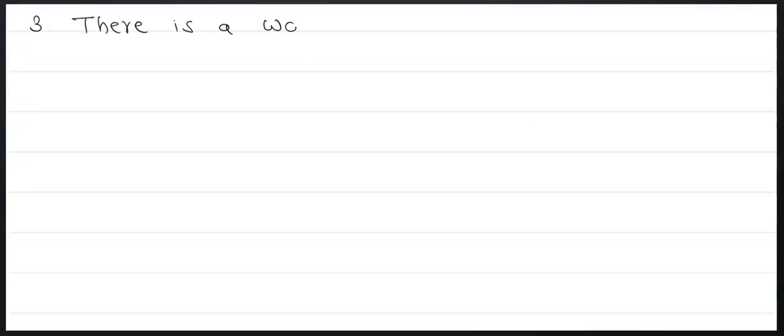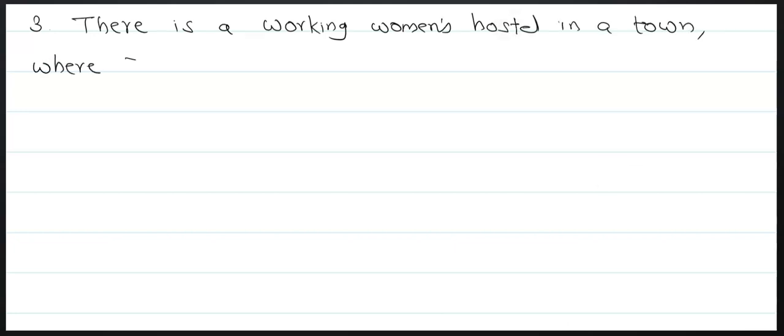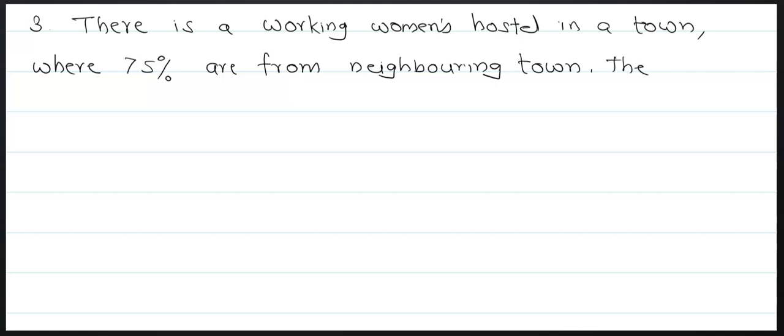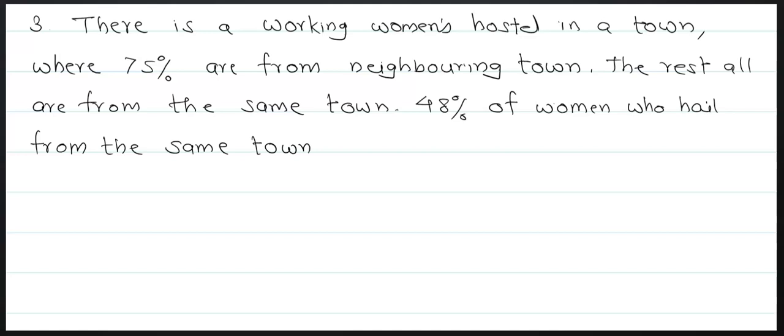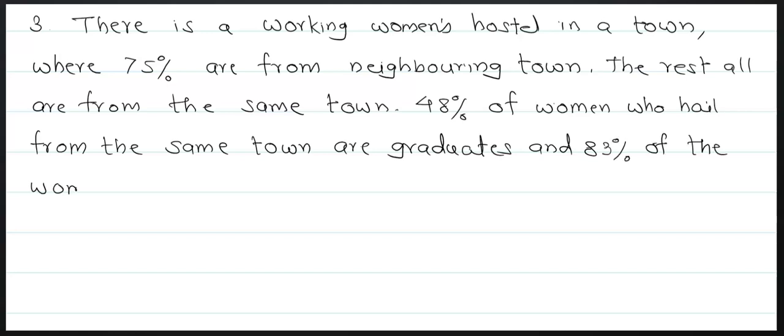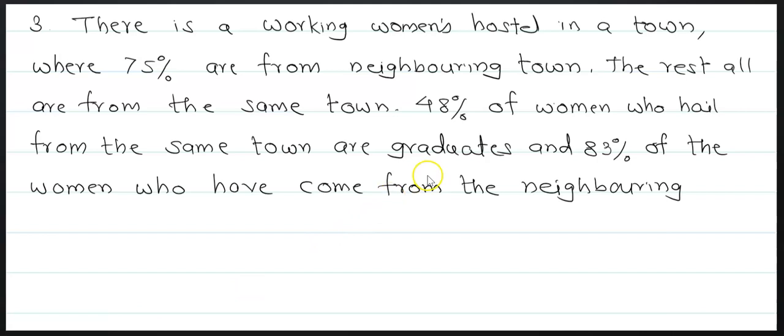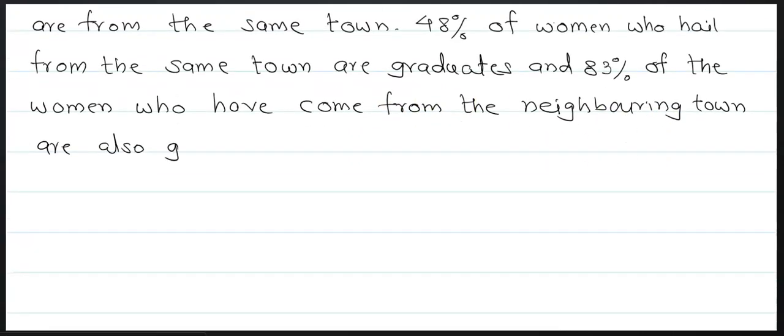Now the third problem. There is a hostel for working women in a town, where 75% are from the neighboring town and the rest are from the same town. 48% of the women who hail from the same town are graduates, and 83% of the women from the neighboring town are also graduates.